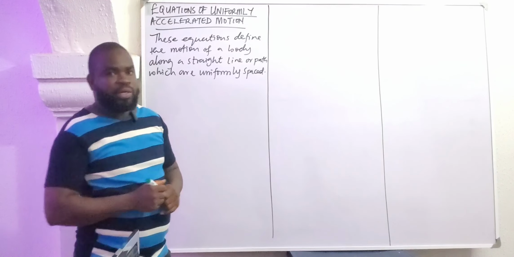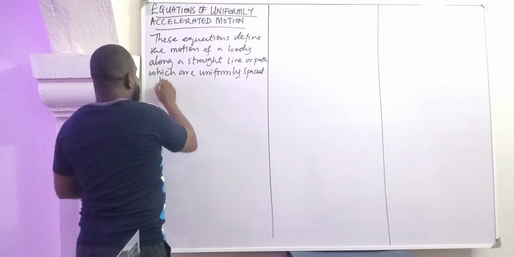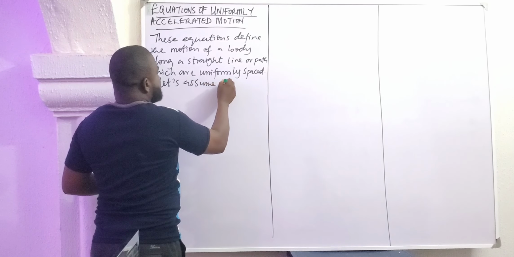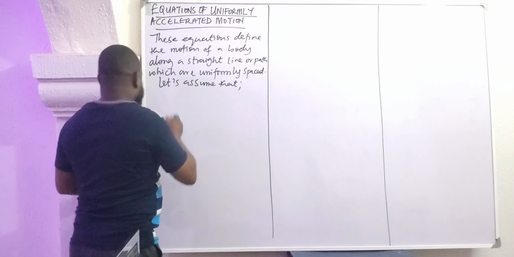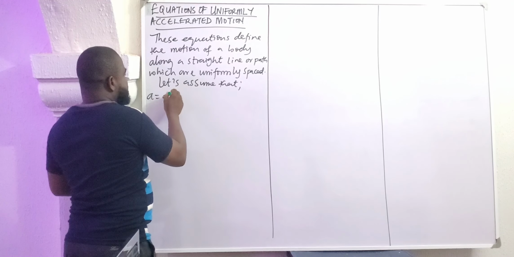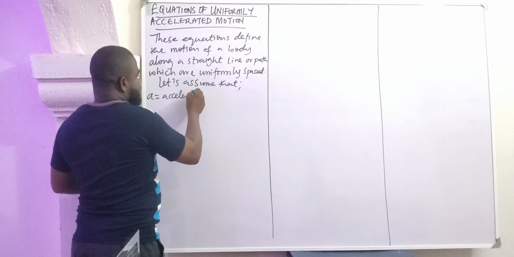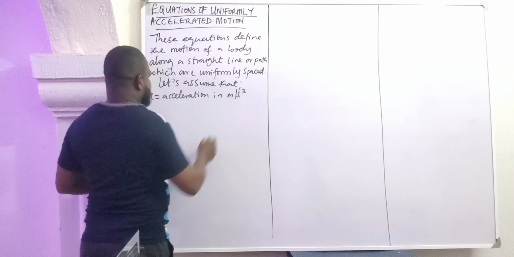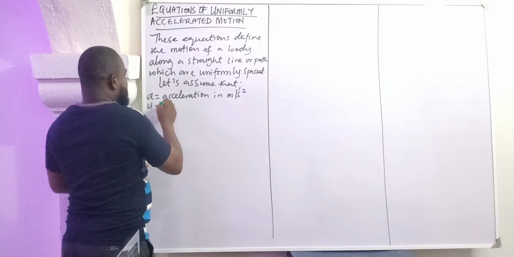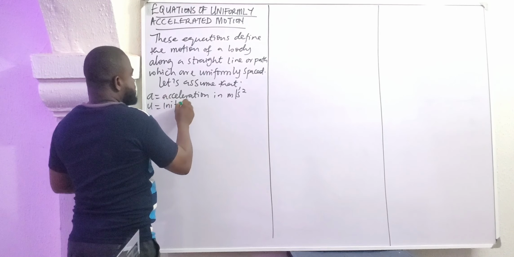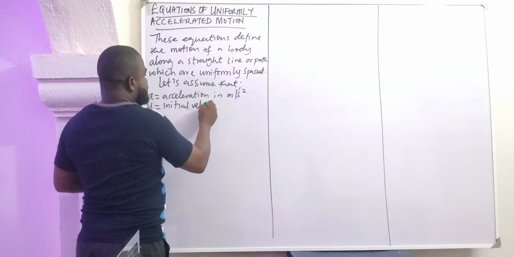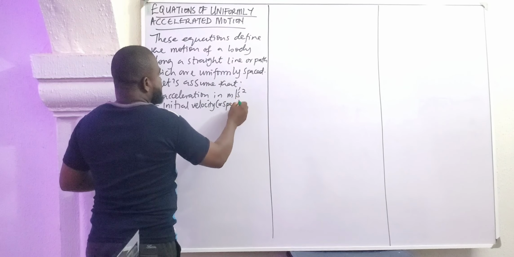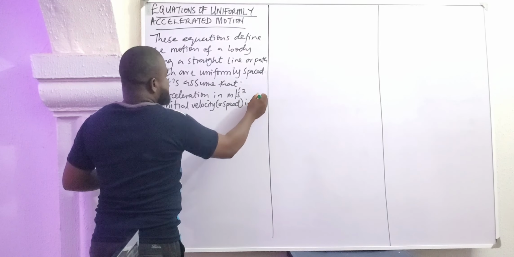So let's look at them and know what they mean. Let's assume that A is acceleration of the body and the unit is meter per second square. U is initial velocity or speed of the body in meter per second.